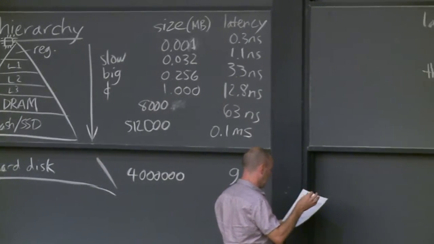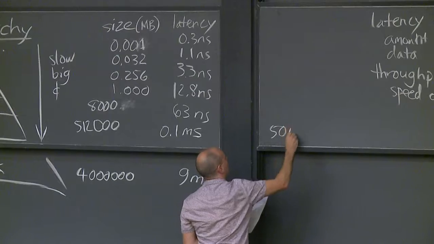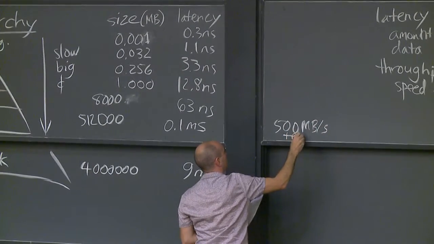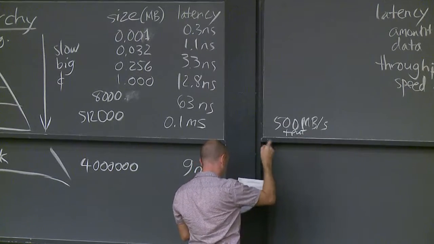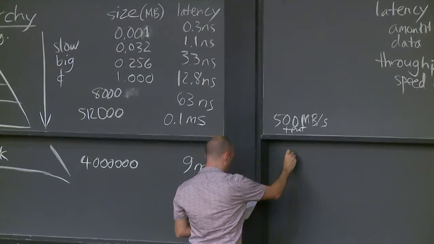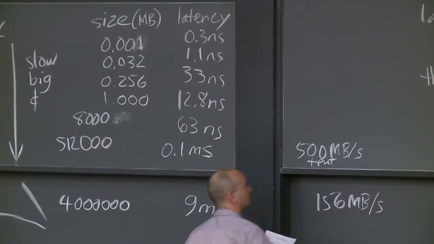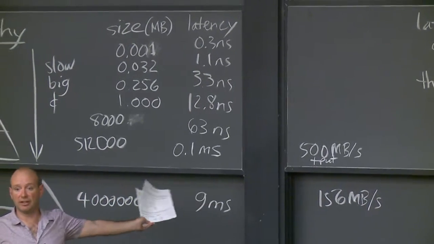On modern Flash, we'll often see numbers like 500 megabytes a second throughput for the SSD or the Flash, and for a hard disk, more like 156 megabytes per second. Okay, so a factor of roughly 3.5, 4, rather than a factor of 100.